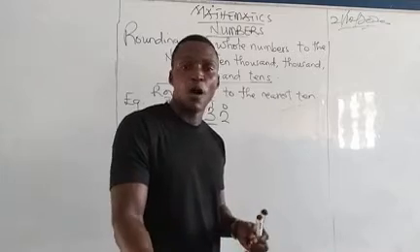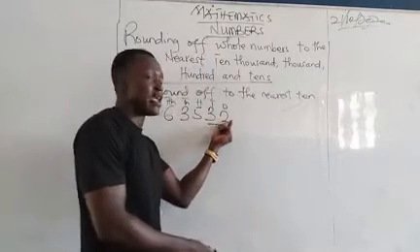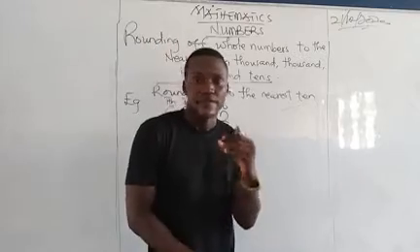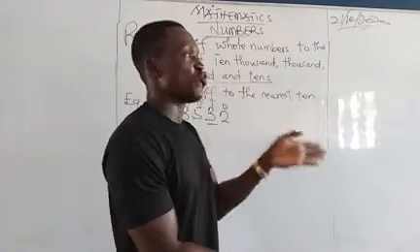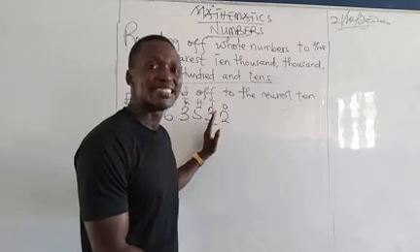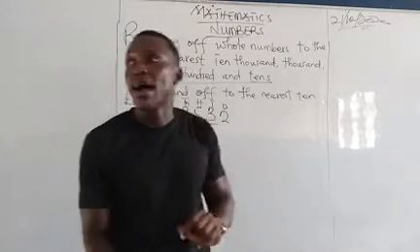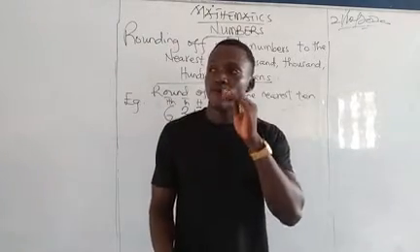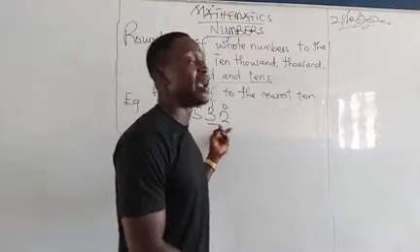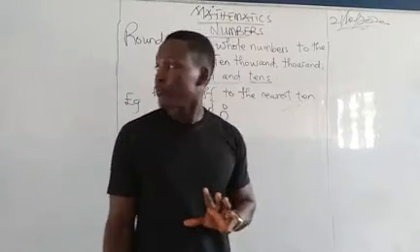If the number is 5 and above, you add 1 to your tens number. If the number is 4 and below, you maintain your number and you make the rest 0.